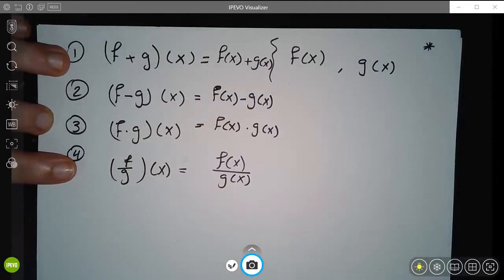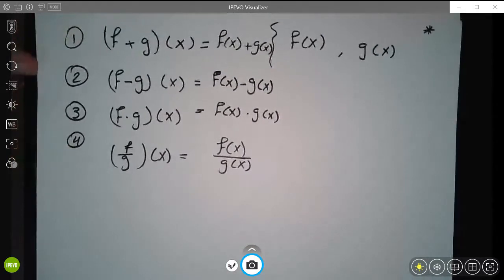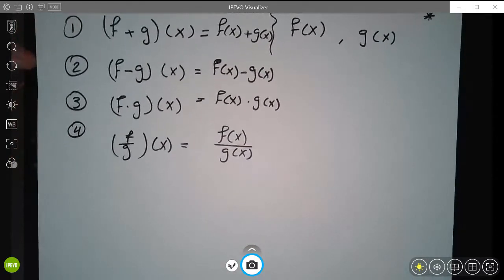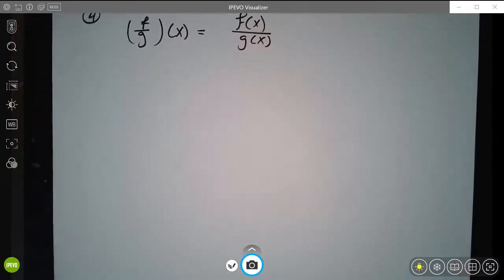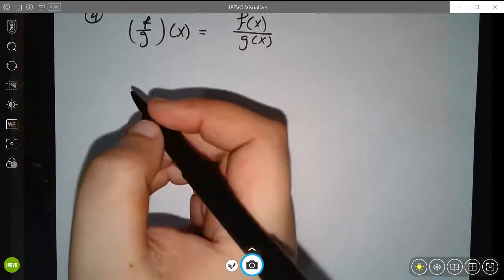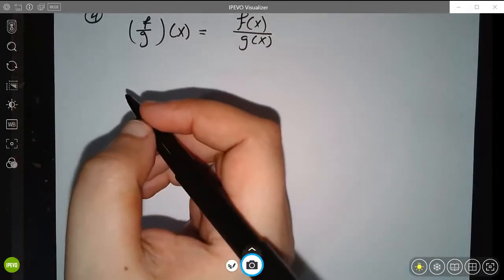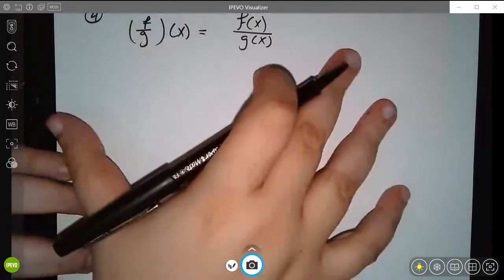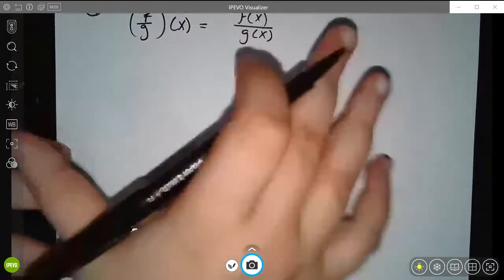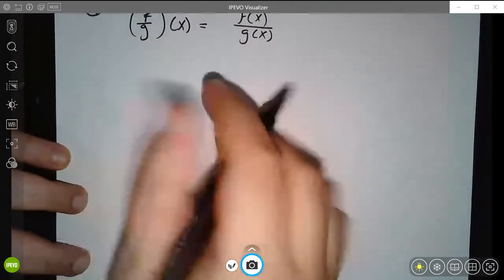All right? So let me show you a few examples on these. Here you go. This is the first group of problems in the notes. They all have the same given functions, so I'm going to write the functions first.